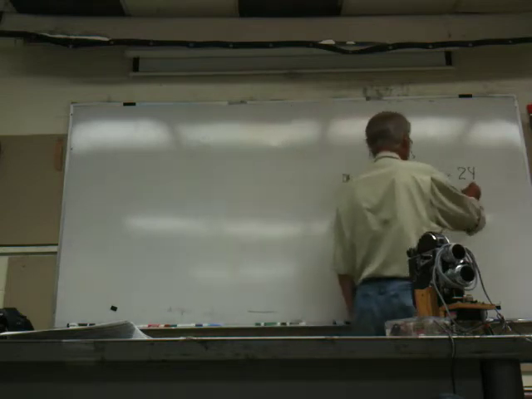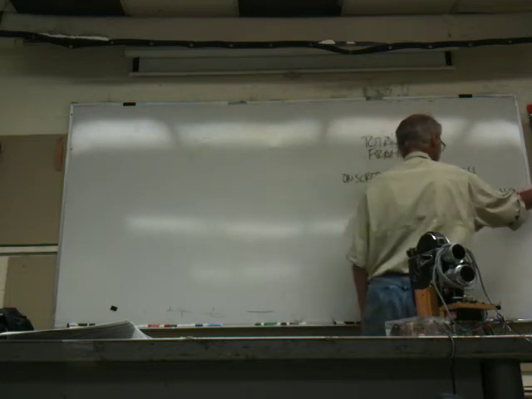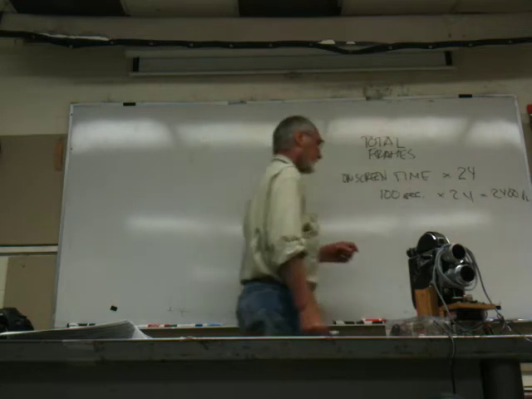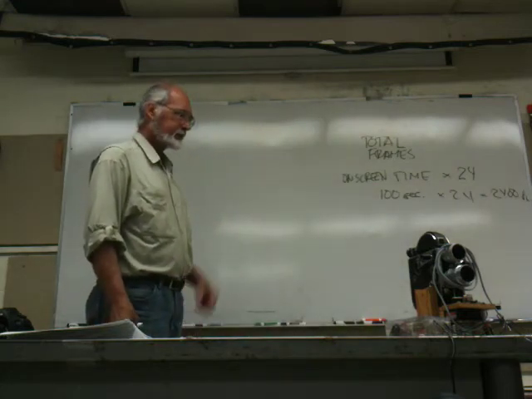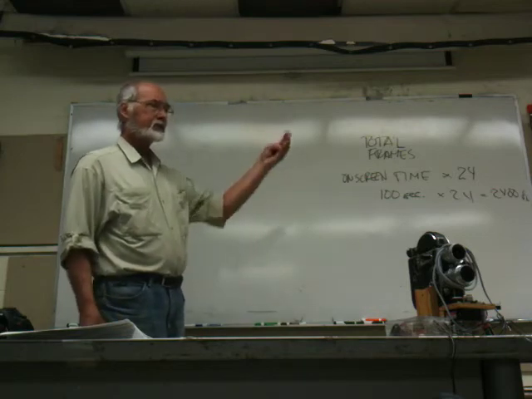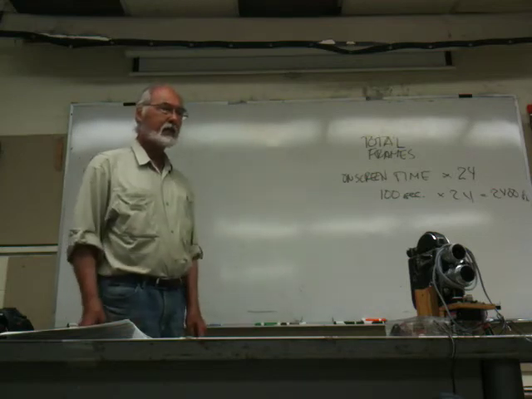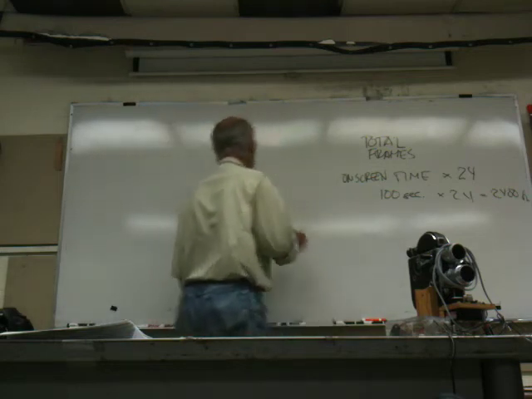So times 24, that's 2,400 frames. The projector's running 24 pictures per second. You're running for 100 seconds. You projected 2,400 frames. And then you say, well, what's my event time?